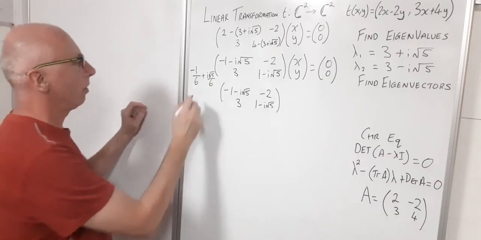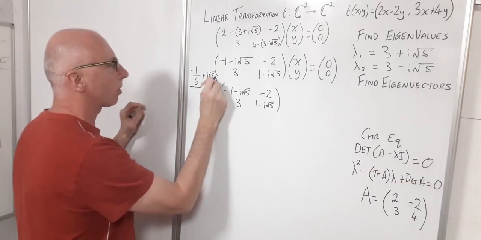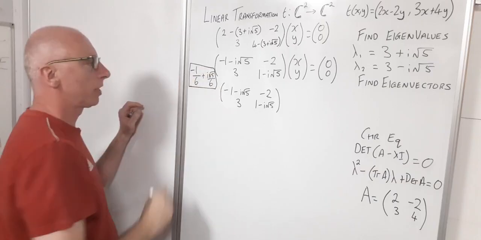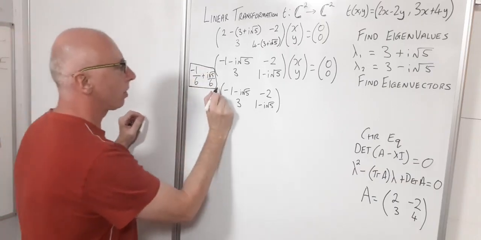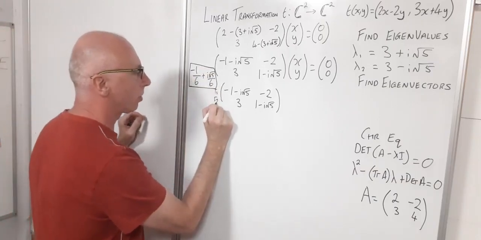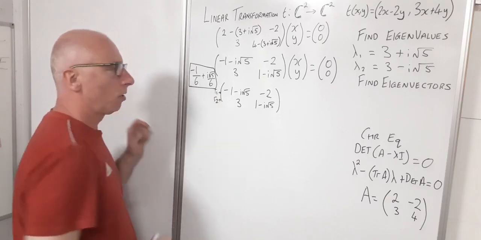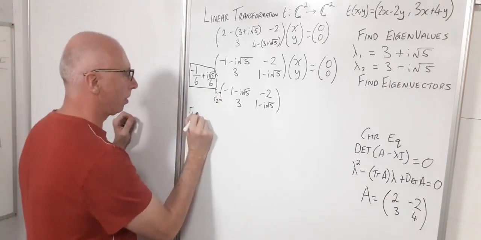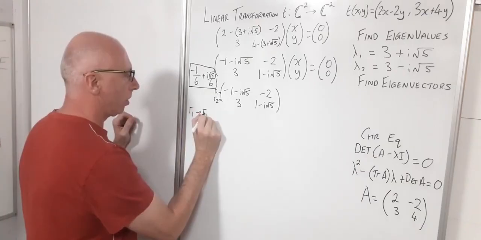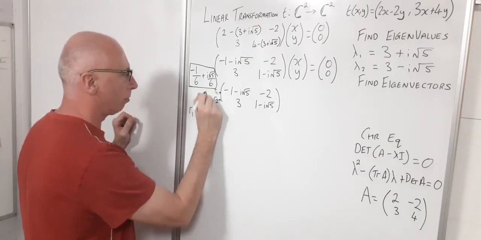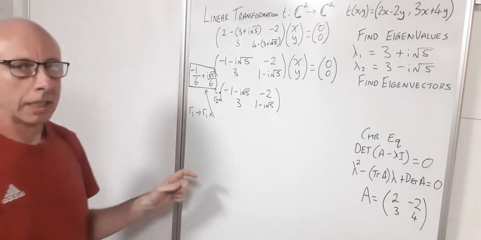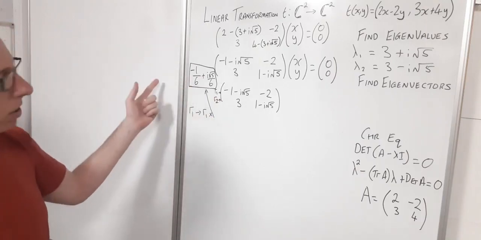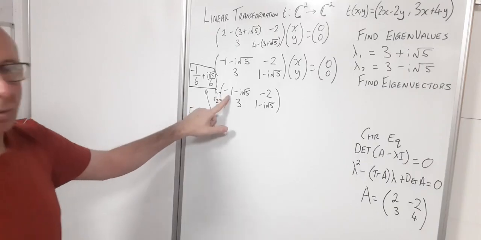Now this is our all important number here in the box. That's what I want to deal with. So if I call this row 1 and this row 2, row 1 I'm going to multiply by this number. So row 1 becomes row 1 multiplied by this number here. So I'm not going to rewrite it, I'll just put an arrow so you can see what it is.